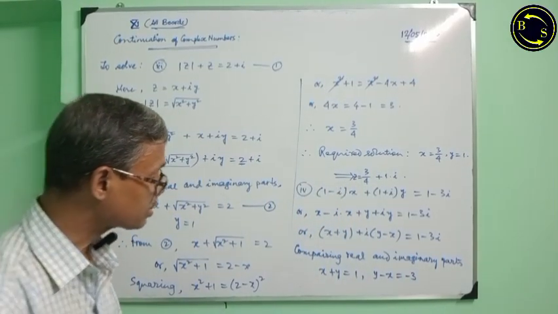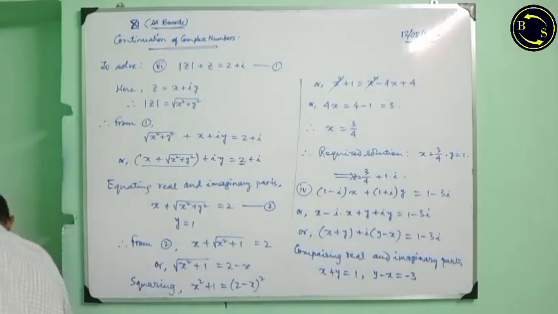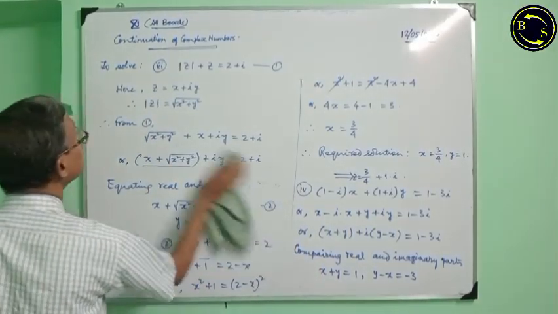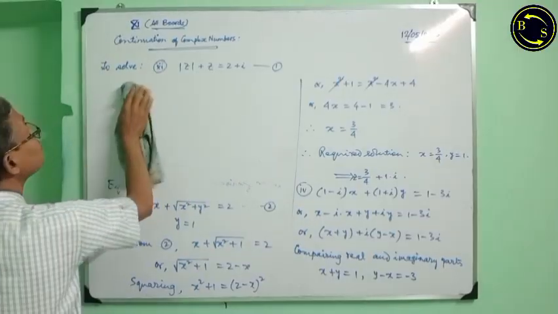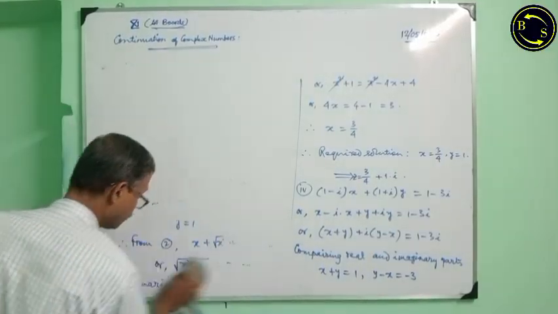Thus two equations, x plus y equal to 1, y minus x equal to minus 3, we have obtained. Then we have to solve these two equations.